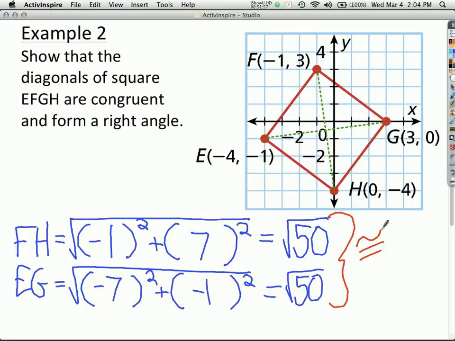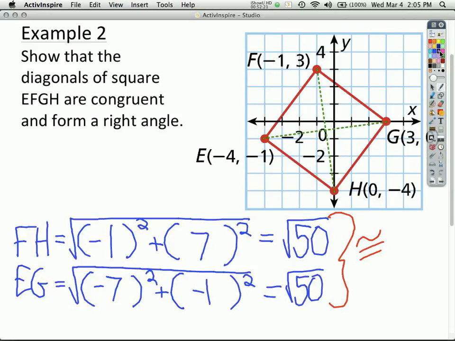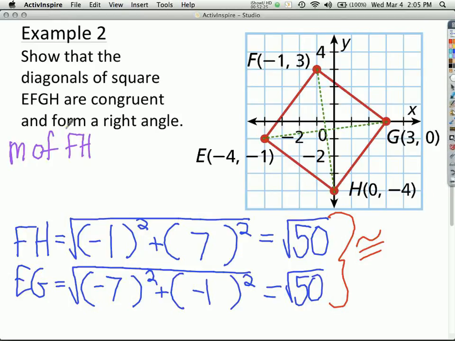I don't know if we have to go as involved as this. We can just look and say, okay, well, let's do the slope of FH. If I start here and I rise, 1, 2, 3, 4, 5, 6, 7, I see the slope is 7, and then I go -1. So the slope of FH is 7 over -1.